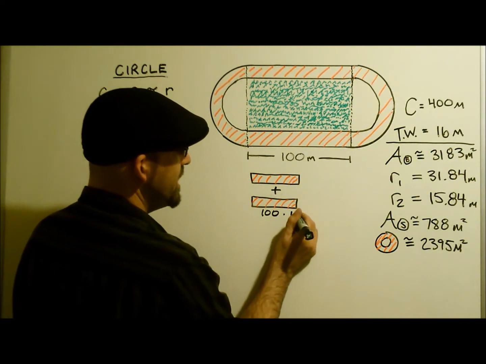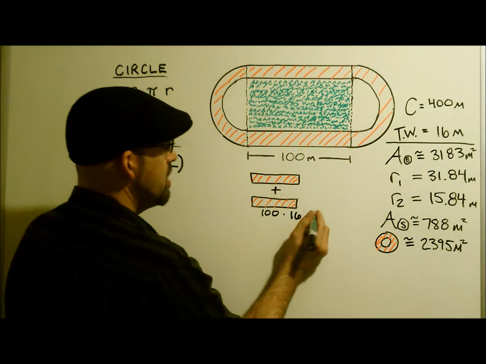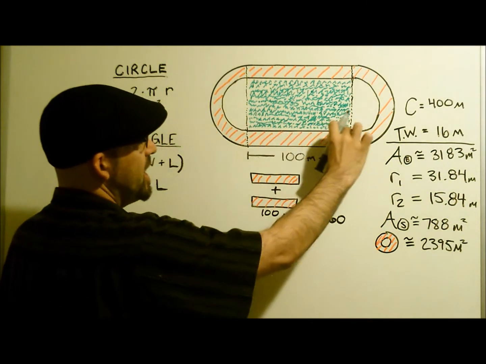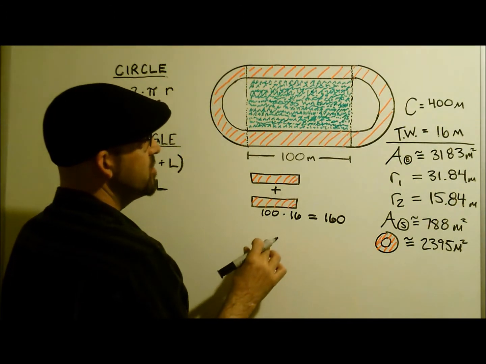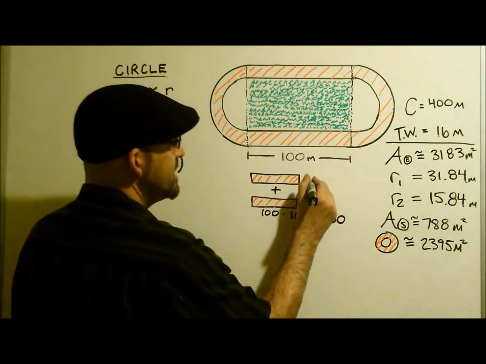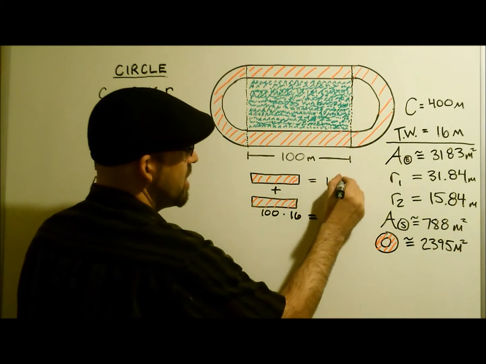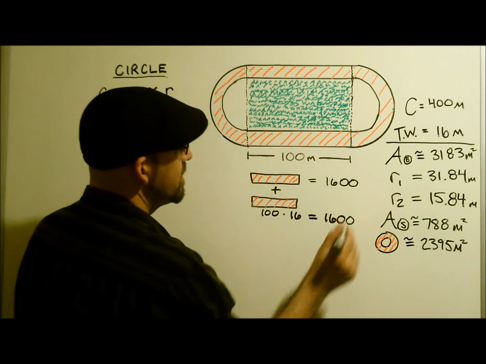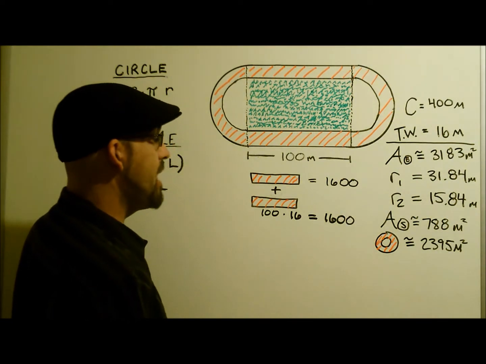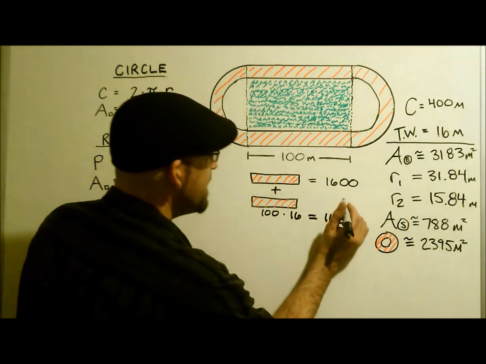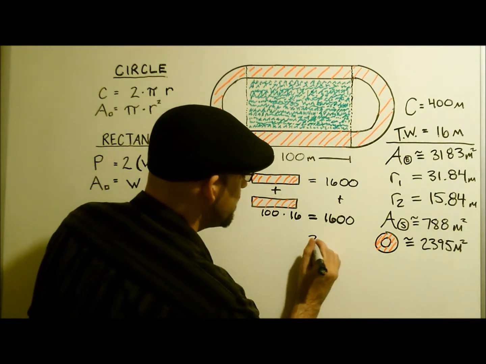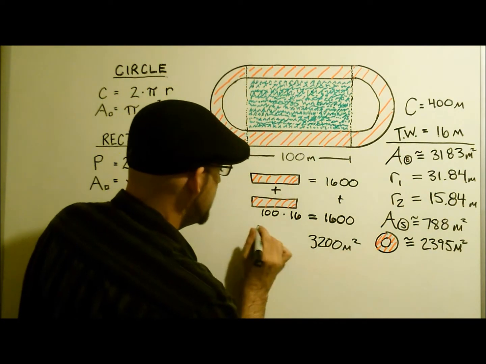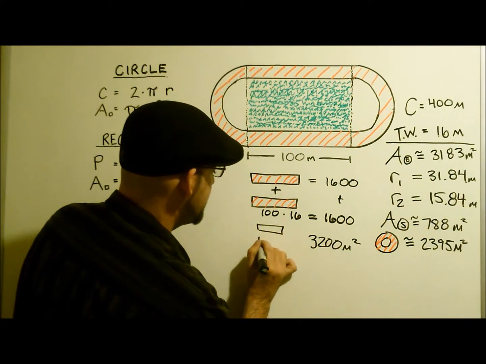So using the formula length times width, this is 160 meters squared, and this is 160 meters squared. Oh, excuse me, 1,600. Bad math. So you add these together, you get 3,200 meters squared. And this is for the rectangles.